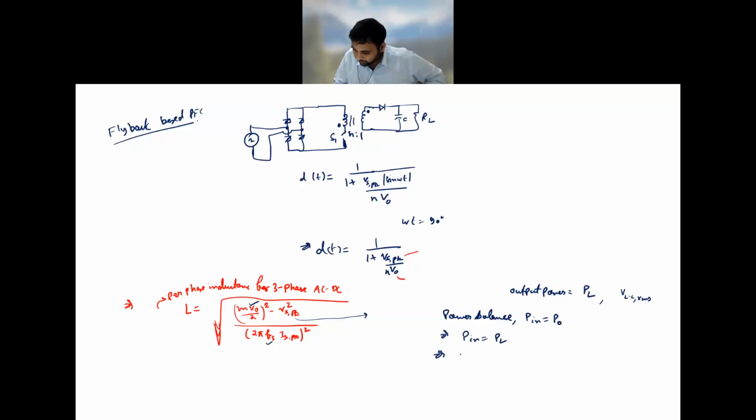And we know that our input power, it's a three phase system, is nothing but 3 times V phase RMS multiplied by Is, or you can say I phase RMS, and cos phi is 1 because it's a unity power factor operation.